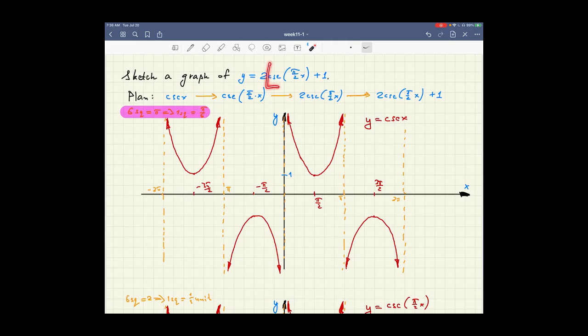And then to get the graph of cosecant of pi over 2x, we need to apply a horizontal compression with a factor of pi over 2. That will, of course, change the period. The next transformation will be a vertical stretch by a factor of 2. And after that, a vertical shift by 1 unit.